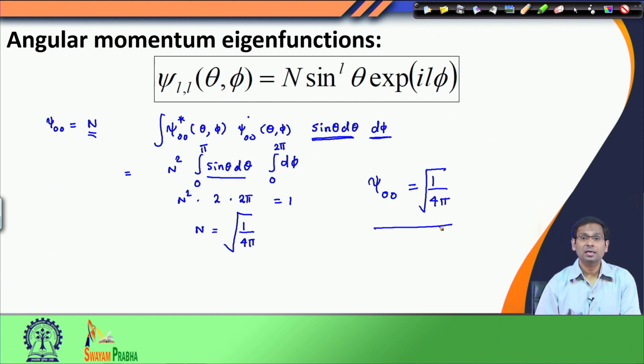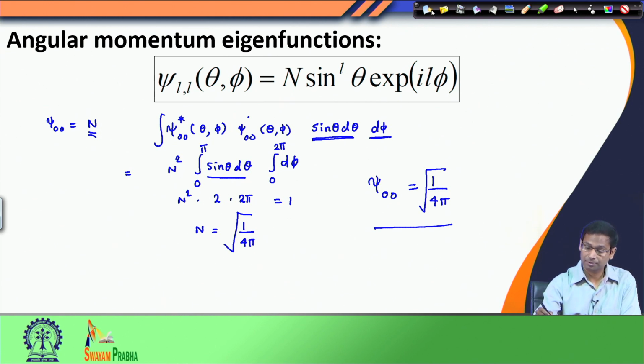Please note, here I have an eigenfunction which is independent of theta and independent of phi. So, there is no angular dependence in this function. We will come back to this property when we define some particular observable for this function.